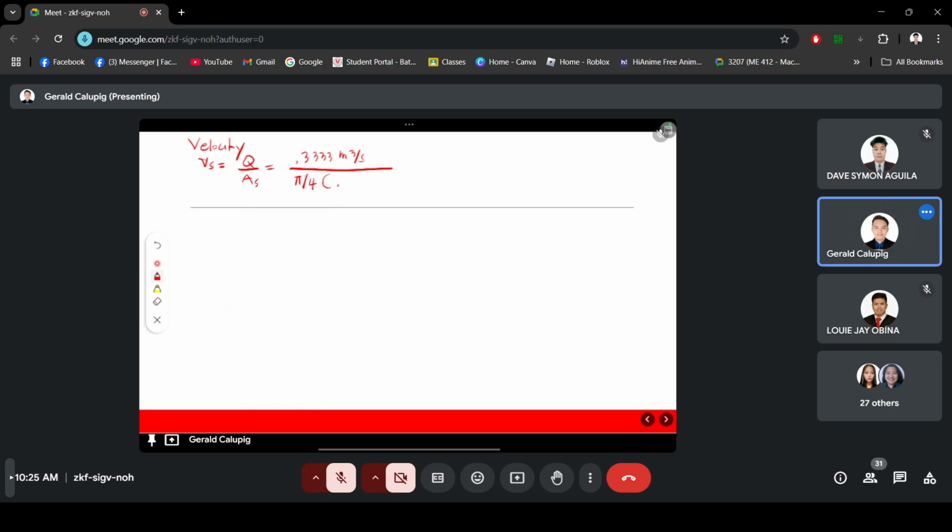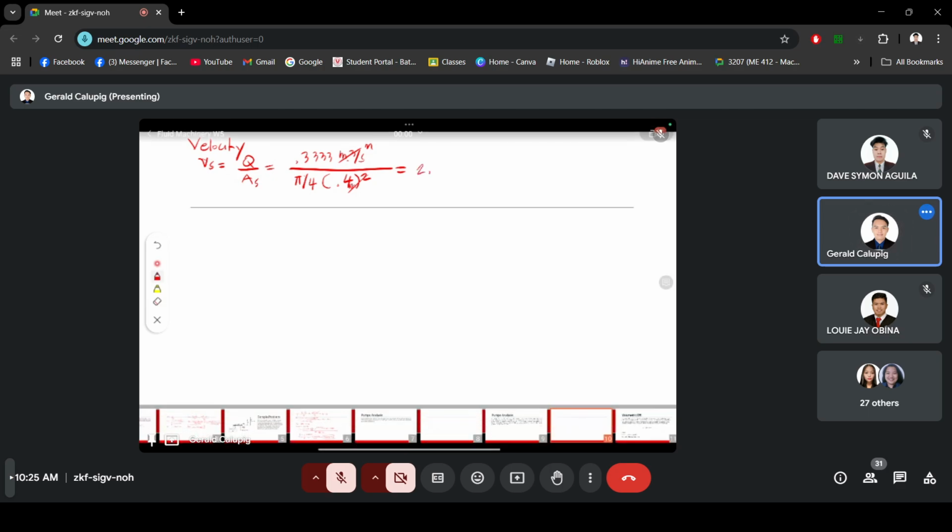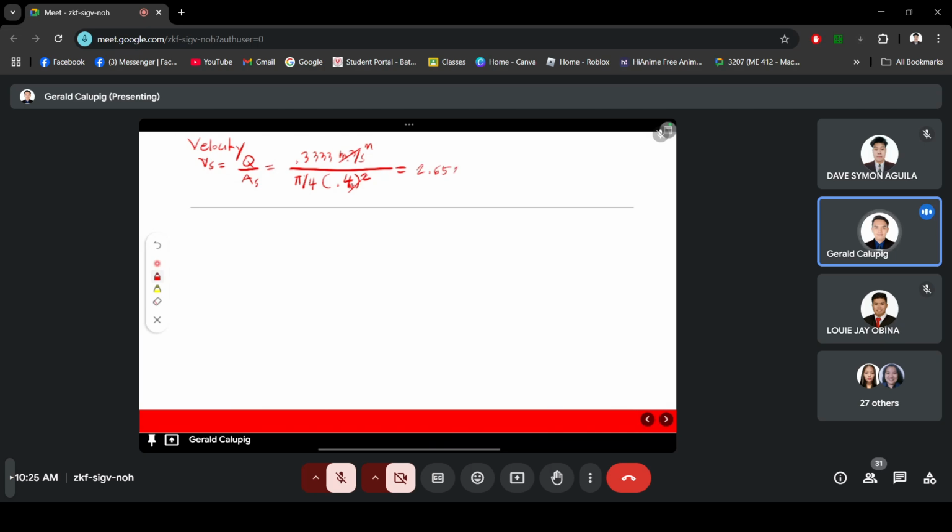So we can have 0.4 squared. This is our value. We can have 2.6526 meter per second.